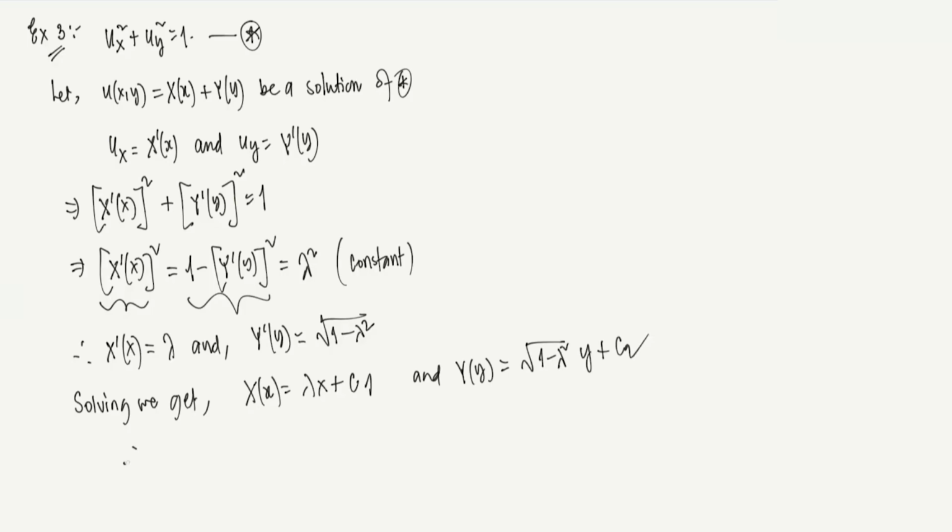So therefore, the solution you are looking for, u of x,y, should look like this: X of x plus Y of y, so lambda x plus y times root over 1 minus lambda square plus c1 plus c2. Let's just call it some constant c, c equals c1 plus c2, and that will be your solution. So this is the general solution.